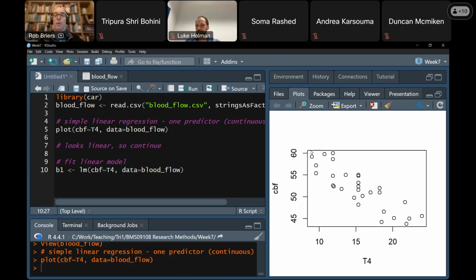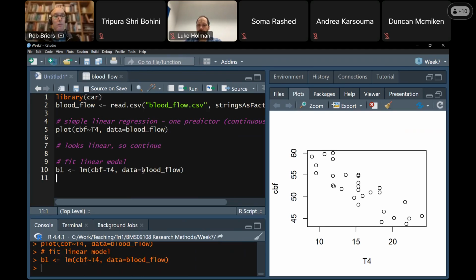By fitting that line, you can predict the Y value from your value of X. For a correlation, you're just looking at whether there's an association or relationship, but you're not able to predict, because you don't fit the straight line through it, and you're not making any assumption as to which way those two influence each other. Here it matters because cerebral blood flow is our response, T4 is our predictor. So we're saying explicitly that this is the one we're interested in, why it varies, and this is the one that we're going to say predicts that. So we'll fit that model.